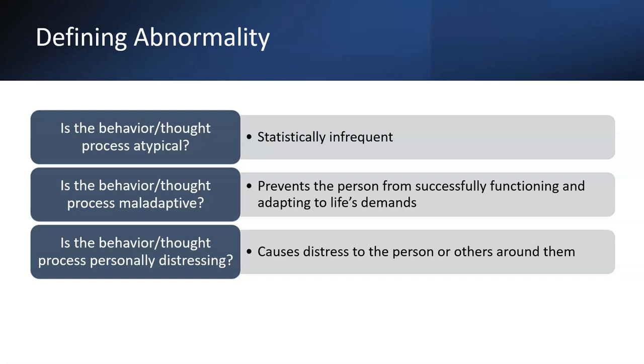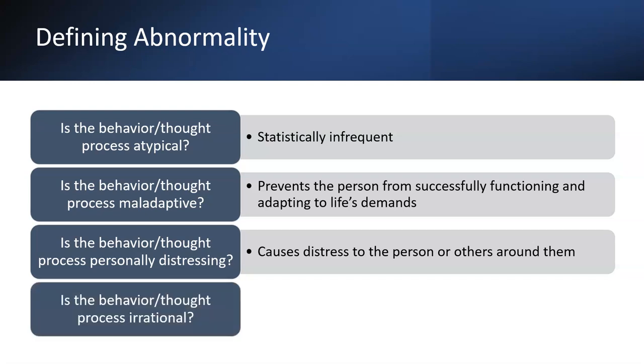And that can be very problematic because there are lots of ways that people behave that aren't personally distressing to the individual engaging in the behavior, but they're certainly problematic for the people around them. And you have to ask the question, when does a person being odd, when does it cross the line to being overtly abnormal and therefore needing to be addressed?